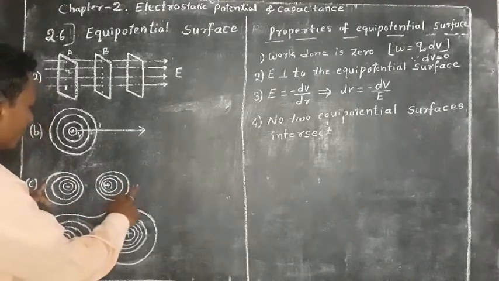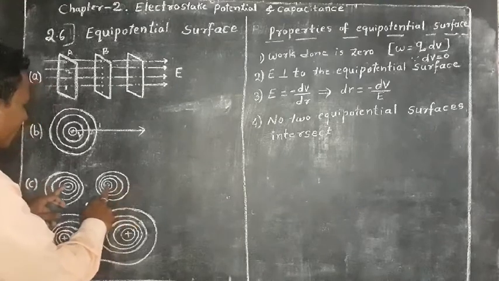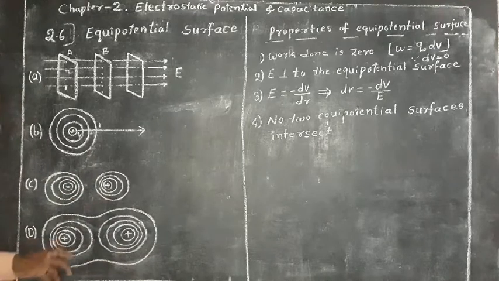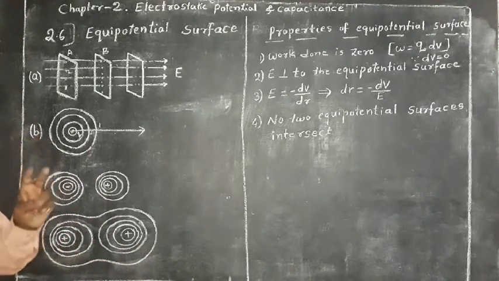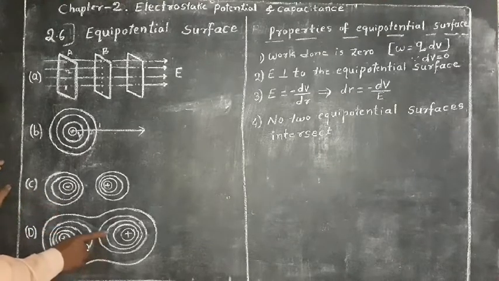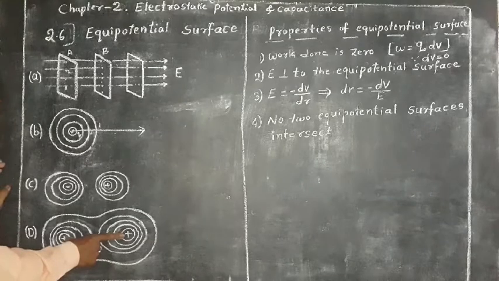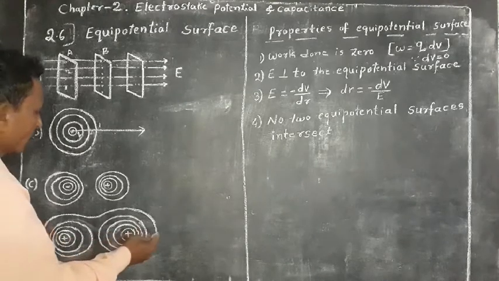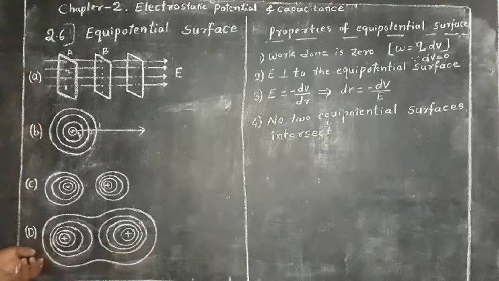This is the region of weak electric field, and this is the region of strong electric field. And in case of two equal positive charges, the electric field is weaker in the region between the two charges, and it is stronger at farther ends.